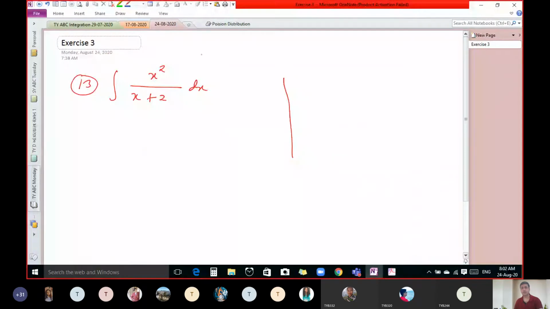Okay, let us continue. In this case you have to use the division method. Here you write x square, and the denominator x plus 2. Now this first term x square divided by x is x, so we write x here.